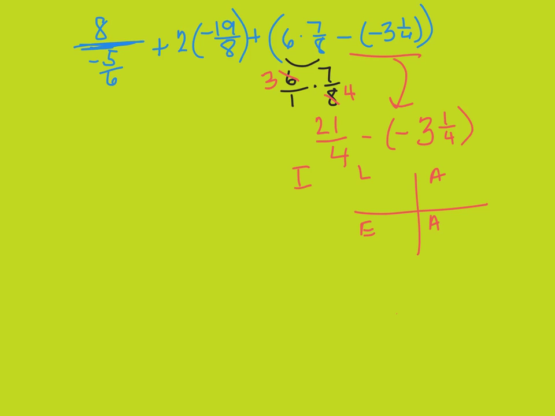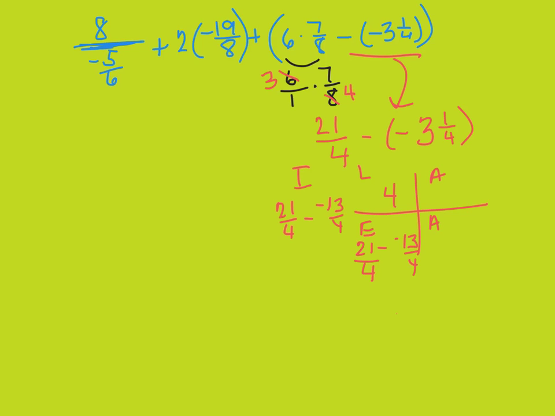My improper fractions, well, 21 fourths is already in its improper fraction form, minus negative 3 1/4. Well, again, we've already done that once, so it's negative 13 fourths. The least common multiple already is 4. These are already set up properly. 21 minus negative 13, both of them over 4.